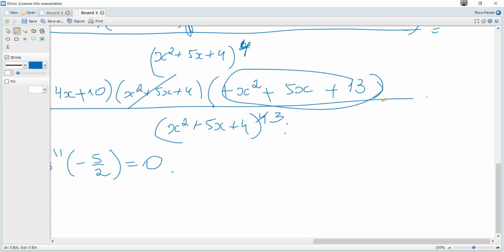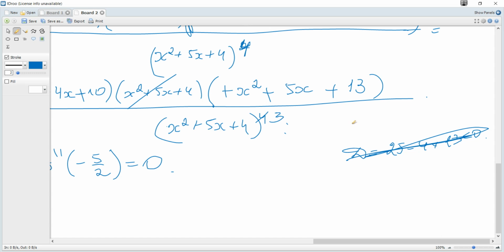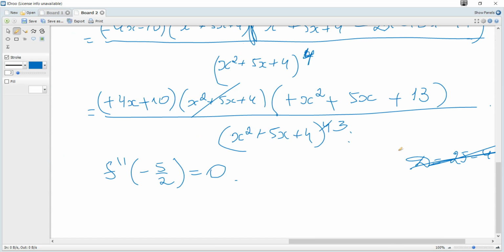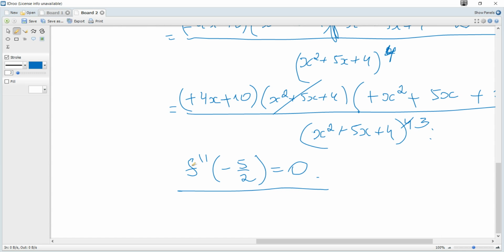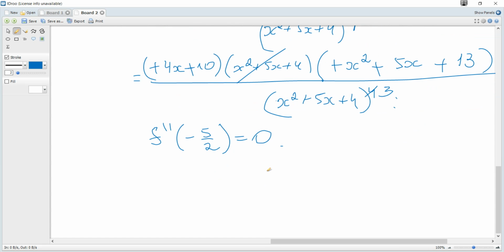And let's check, it's interesting. It seems that the discriminant is negative. The discriminant is what? b squared minus 4ac. Yes, and you can see the discriminant is negative, and there are no other roots of the second derivative to be 0. But I repeat that we prove that a point is a point of inflection, so we can just substitute into the second derivative and just show that it is 0.